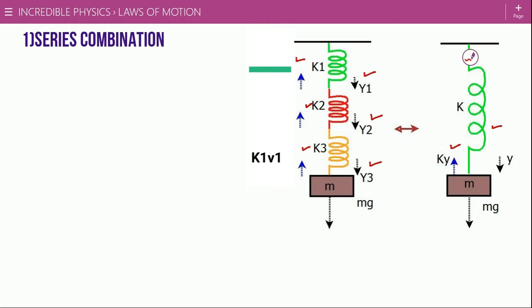This spring is called equivalent if the same force is applied and it provides the same elongation as that provided by the combination. So we can see that spring 1 is experiencing a force K1y1, spring 2 is experiencing a force K2y2, and spring 3 is experiencing a force K3y3.